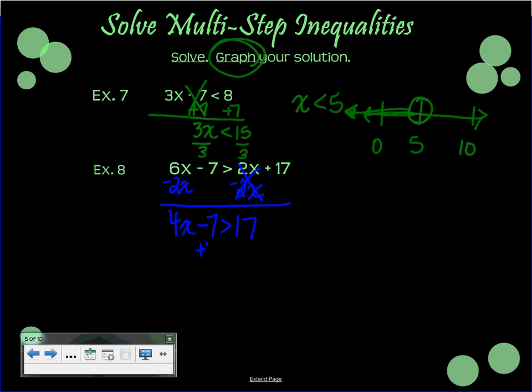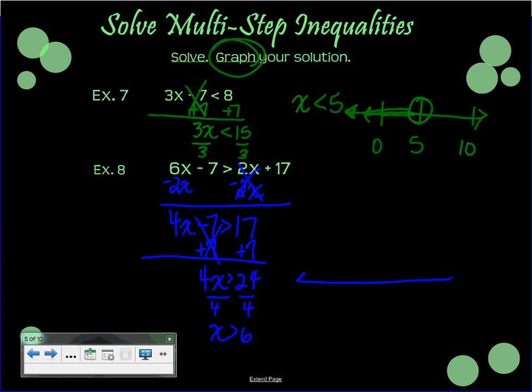All right, I'm going to add 7. So these cancel out, I'm left with 4x is greater than 24. Again, greater than, divide by 4, and we have x is greater than 6.